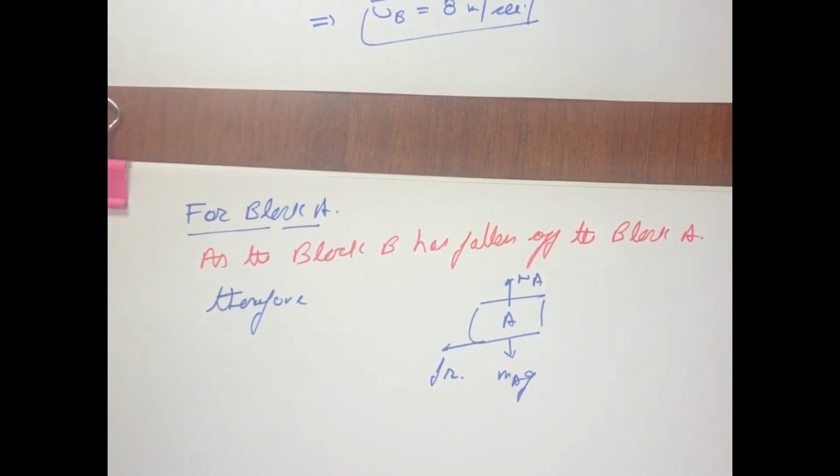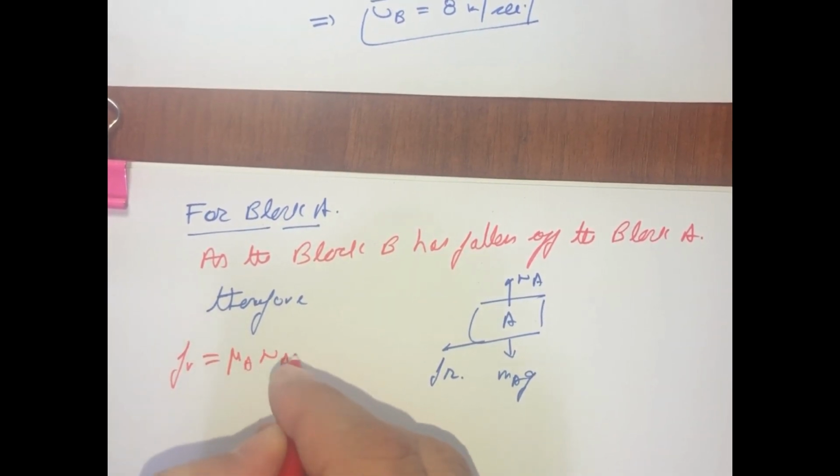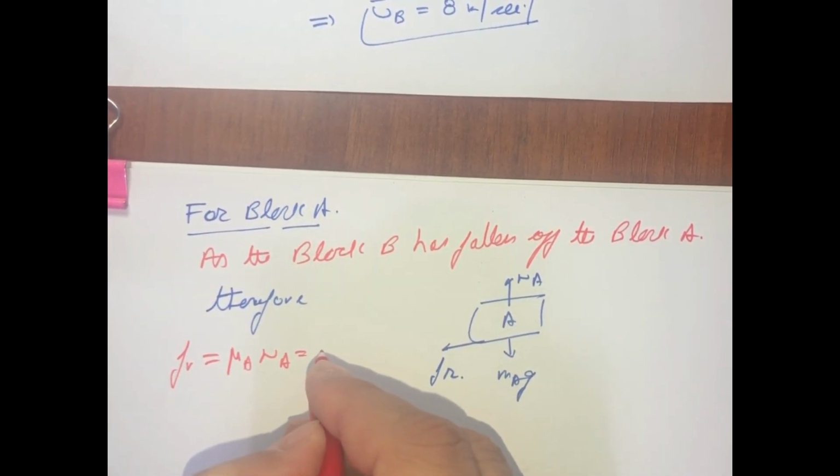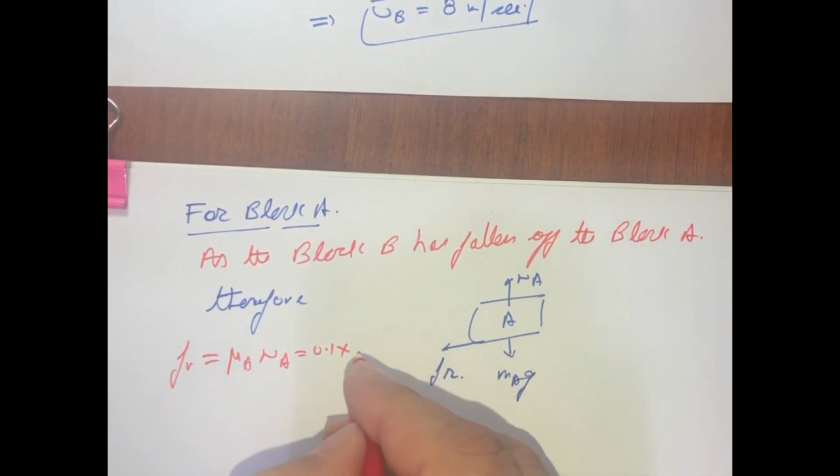So we can find out the force of friction. FR is equal to mu A into NA, where mu A is given as 0.1 and NA is MAG.